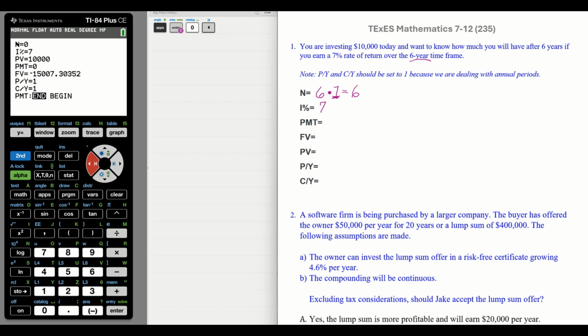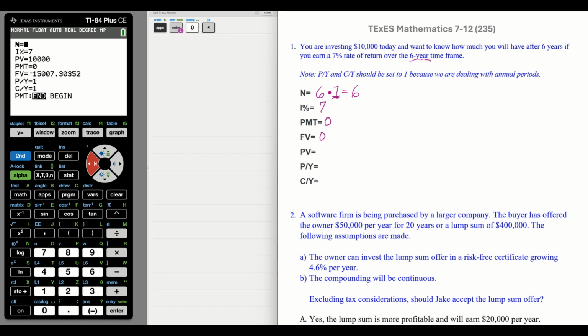Now, this payment, this PMT, is for payments that you might make during the years. We're not doing that, so you can literally just say 0. We are looking for the future value, so I like to put a 0 there and then come back to it later.